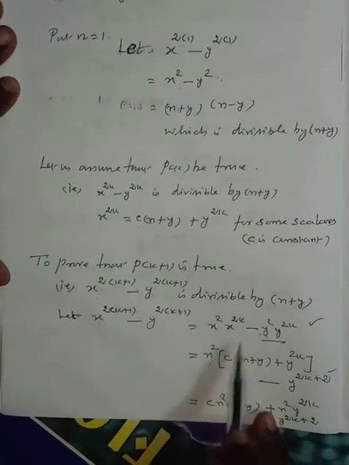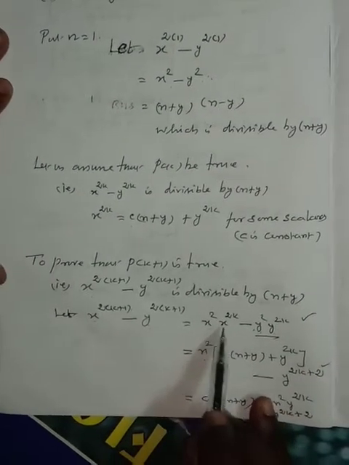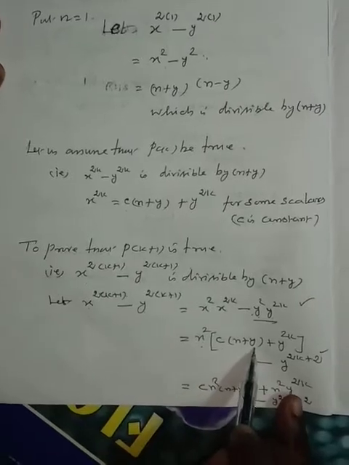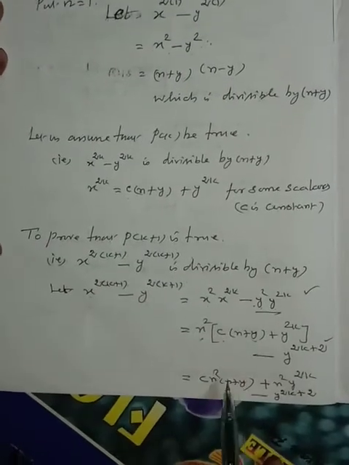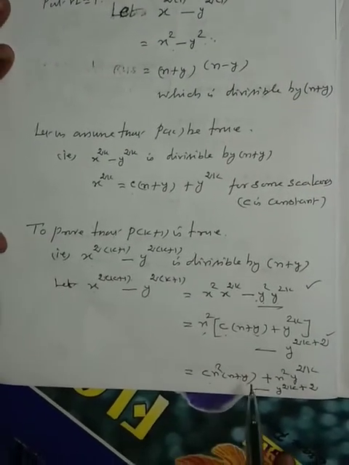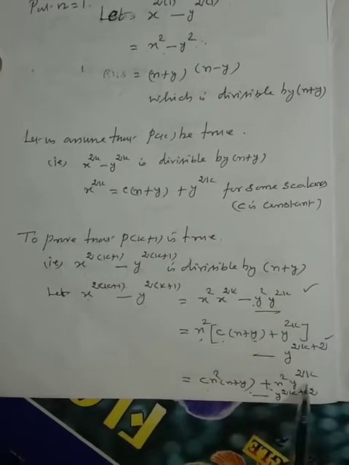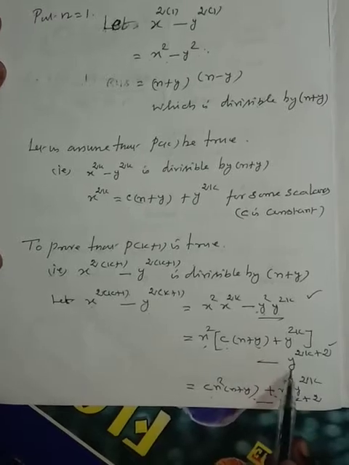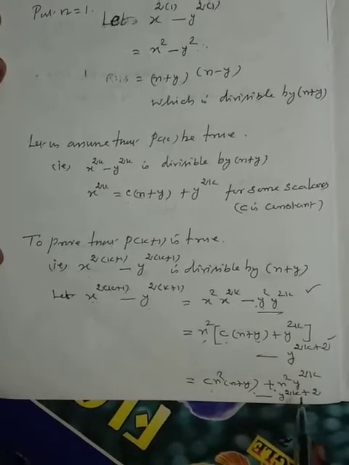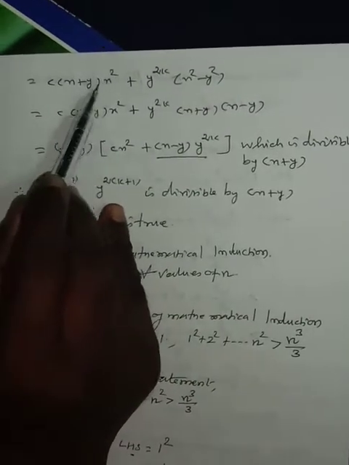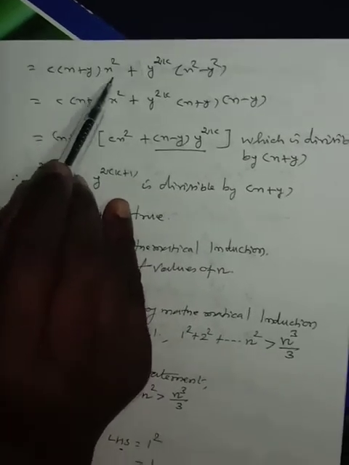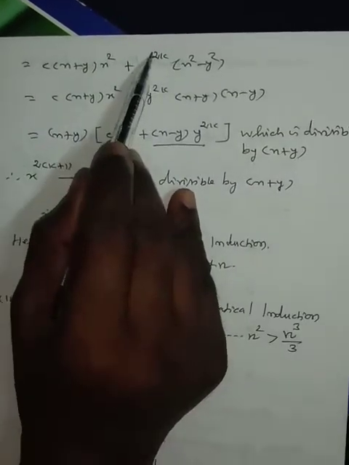Then the remaining part, x^(2k) minus y^(2k), is c into (x+y), the already known result. Next, c x²(x+y) plus x² y^(2k) minus y^(2k+2).